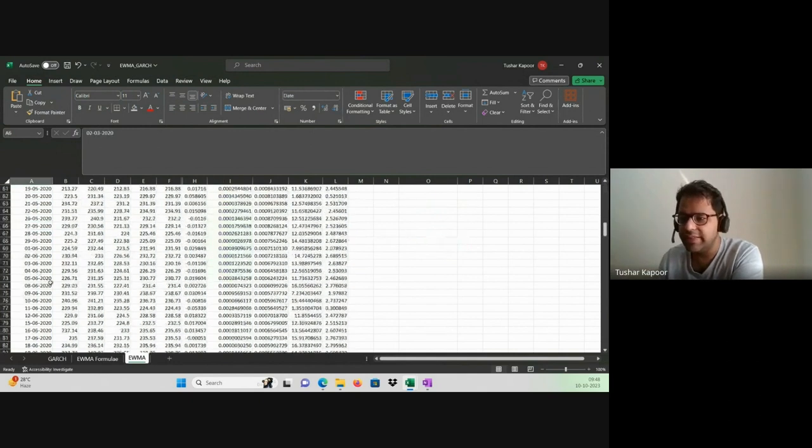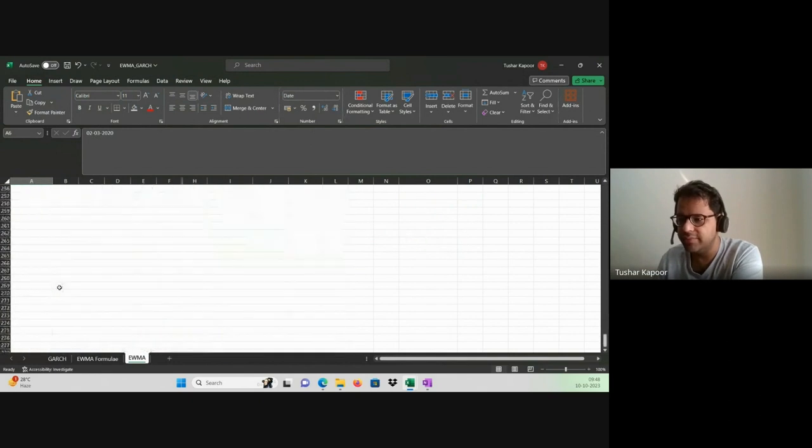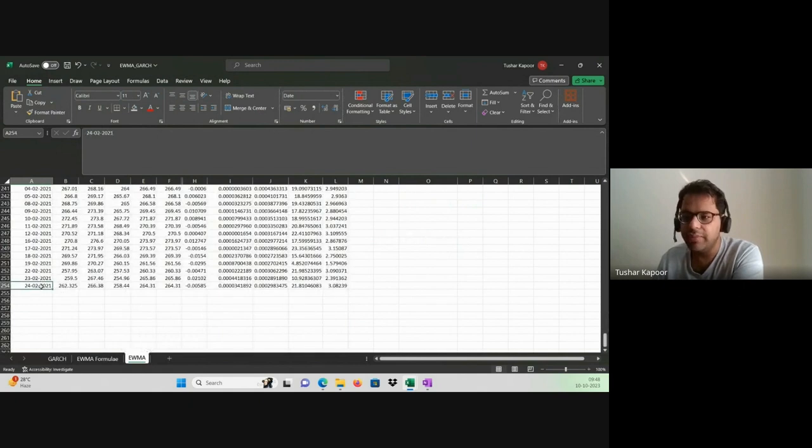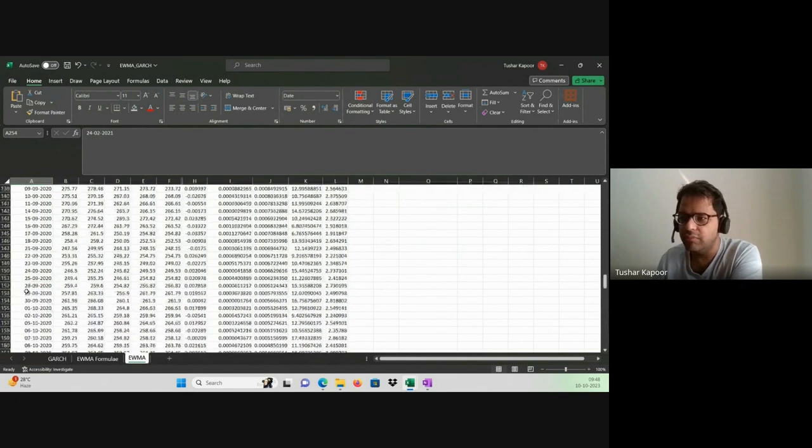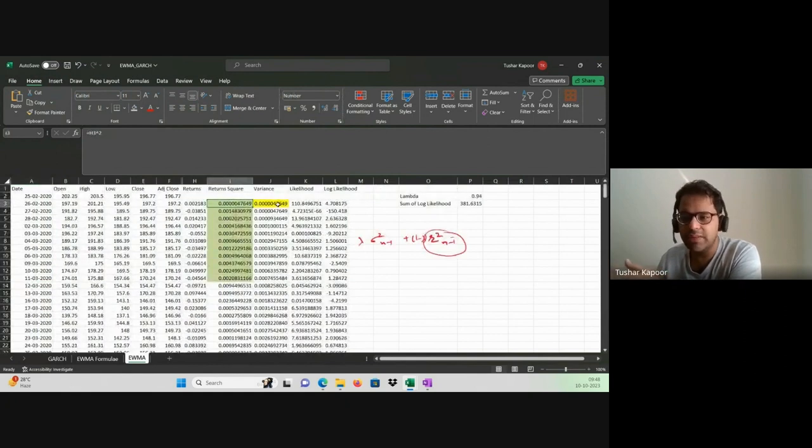The last day that I'm considering is 24th February 2021, but the starting point is this. So when you start with something, you take the variance, assuming there was no past variance to it. You have to start somewhere. You take the variance to be the same number as return square. And once you have done that, that is where you start calculating the next variance.